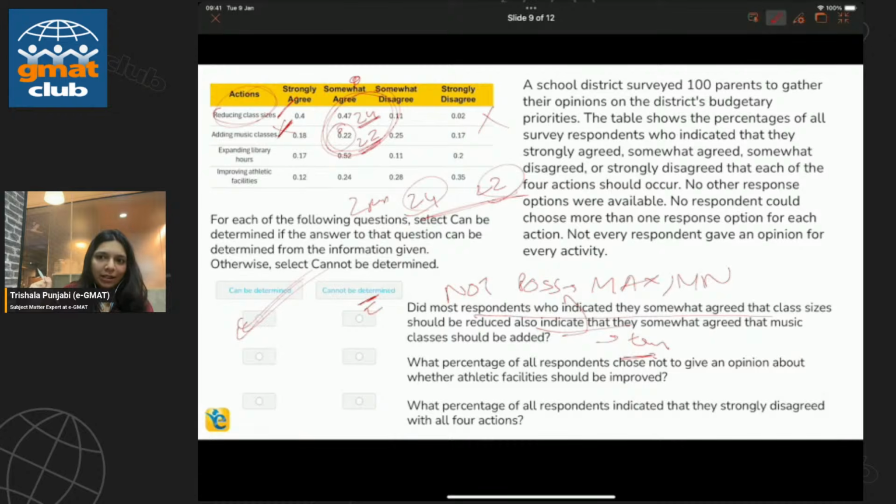We don't know that. If it was 0.25, if it was 0.26, then the answer would have been cannot be determined. But because it is 0.22, the answer is can be determined, because we did the math, right? It is not possible for them to be the same people.